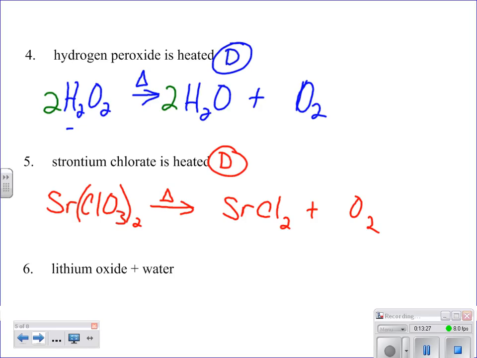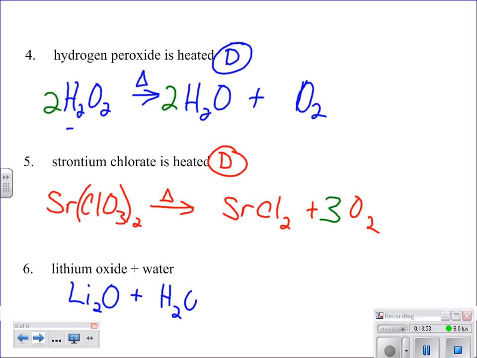So now you balance. And I can do this. Does that fix it? Yep. There we go. Okay, lithium oxide plus water. Lithium oxide +1, -2, plus water.